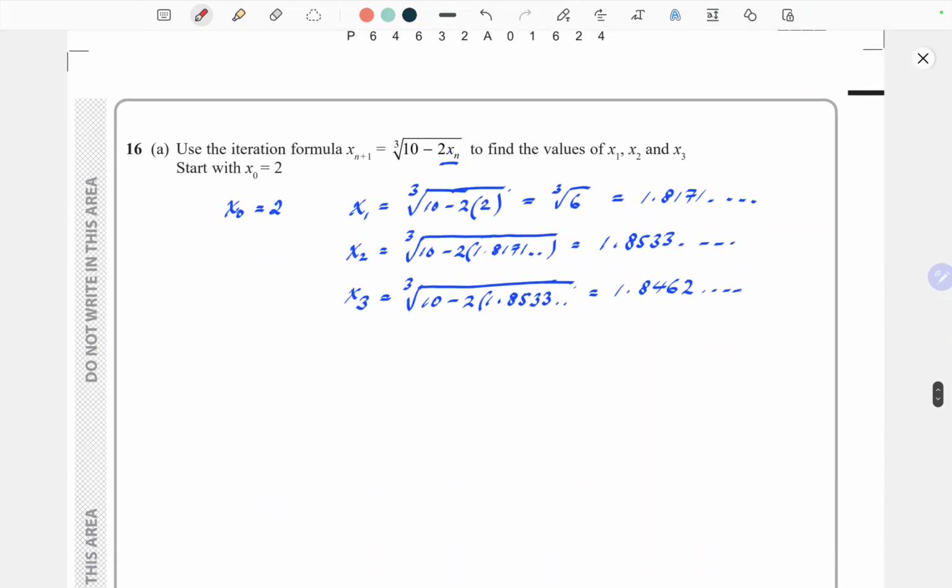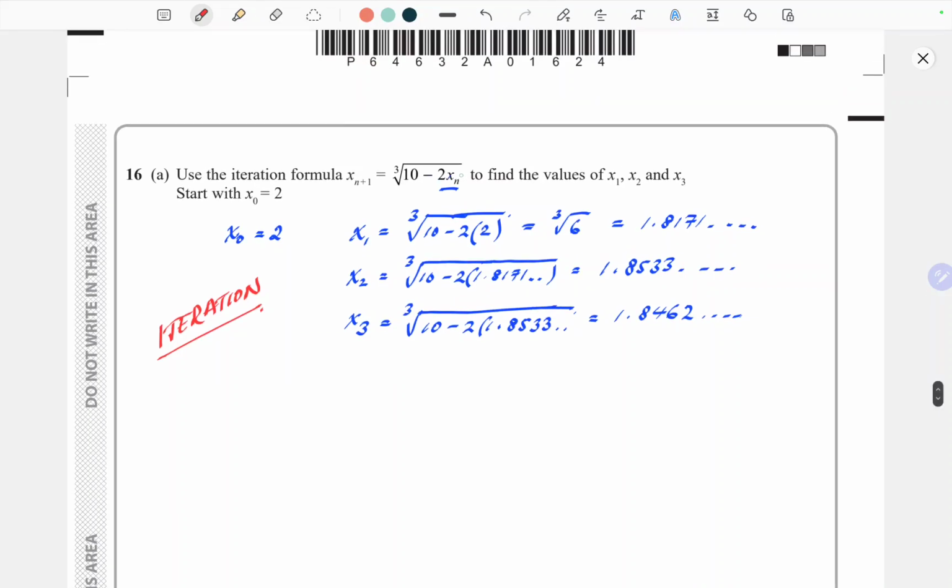Okay, now this, iteration questions, I know causes a lot of problems for people, okay? All it's saying, if you look at this xn, and this one's xn plus 1, means if you have a value to start with, your next value is based on whatever the previous value was.